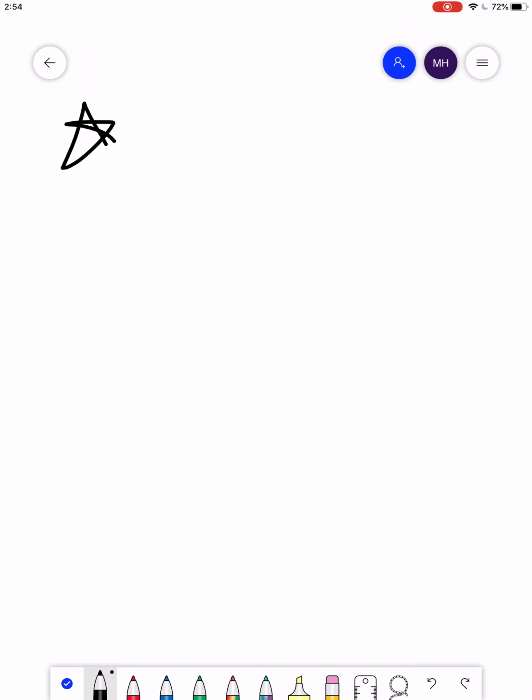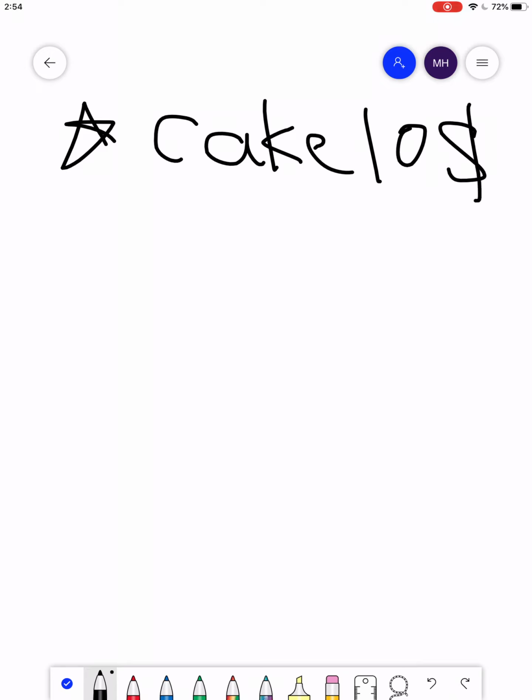She doesn't want to spend more than $50, so she will buy a cake for $10, and she will spend the rest for her friends and for herself, so she has to pay $50 or less. So let me think about the symbol. The symbol will be less than or equal 50.